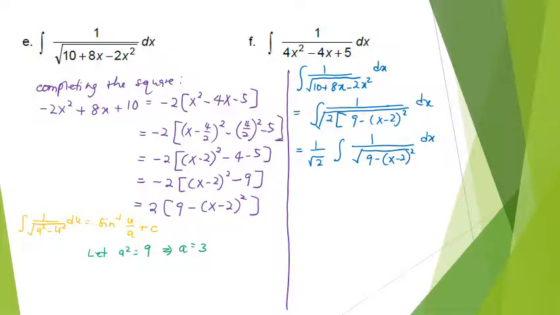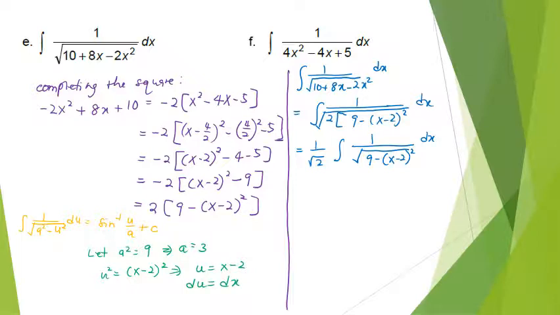Okay, next u square equal to x minus 2 square. Therefore our u is equal to x minus 2. So find dx, our du is equal to dx.